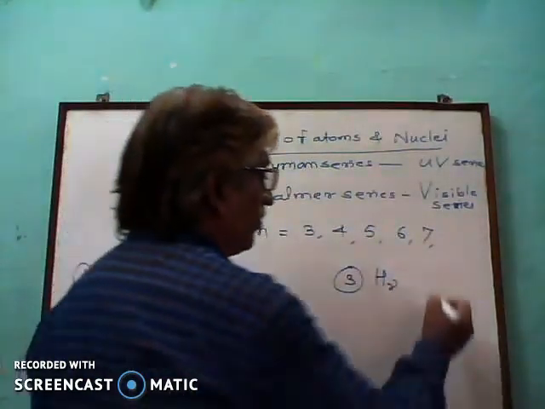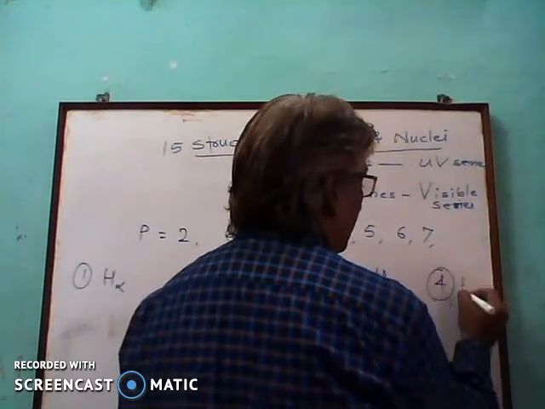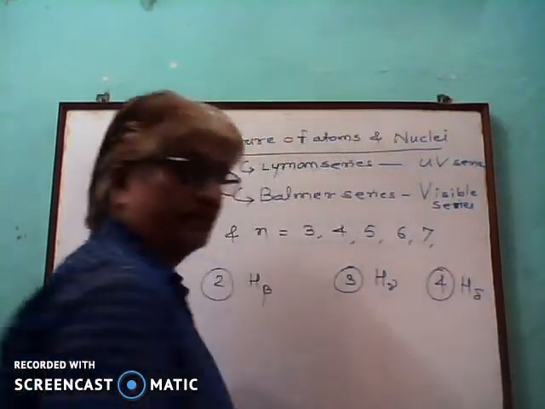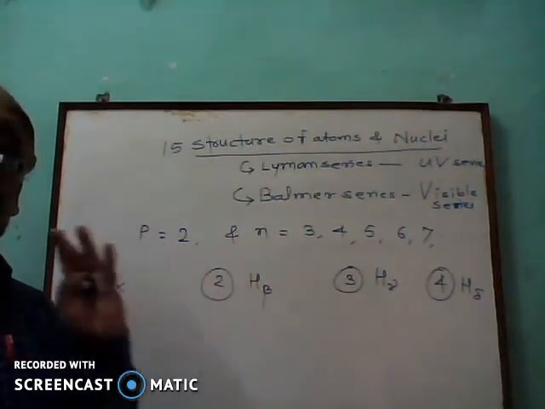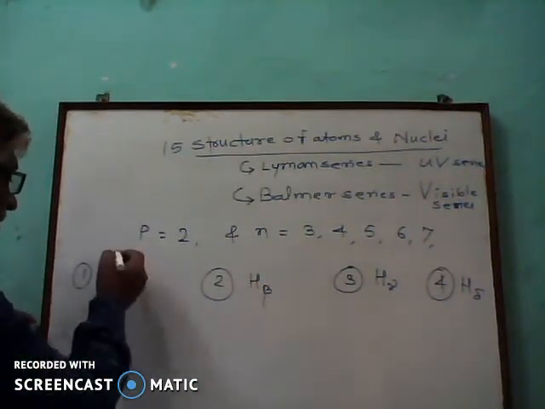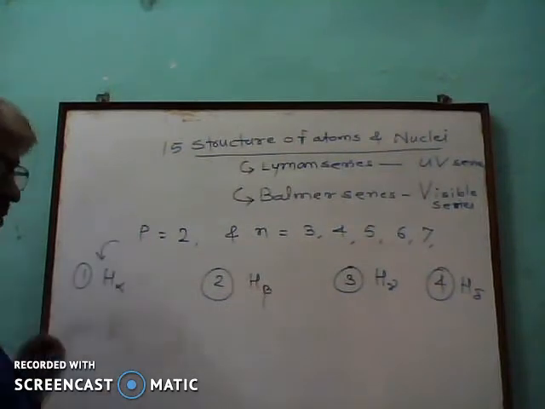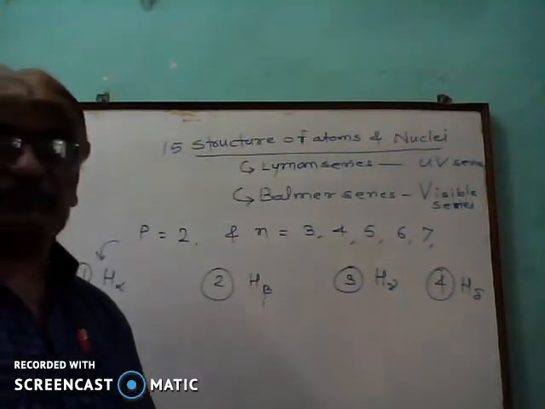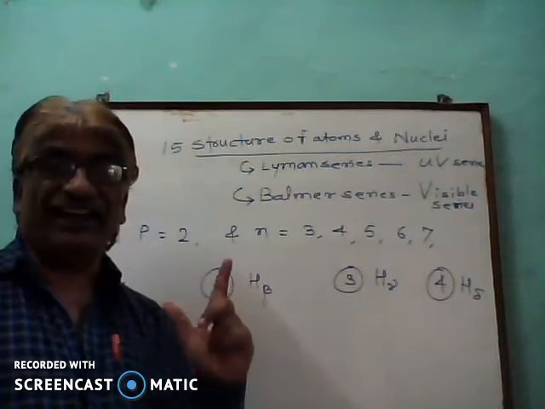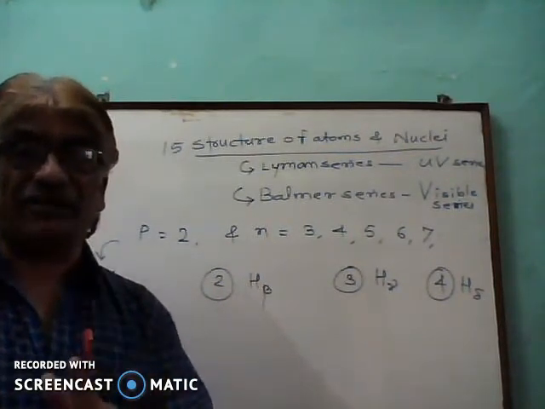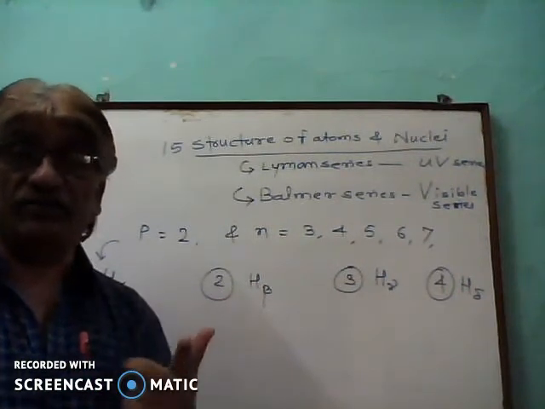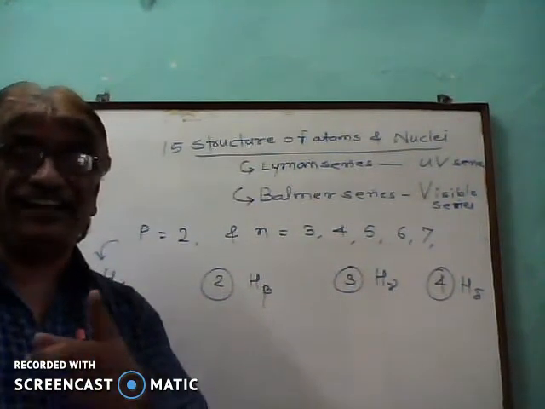And number 4, H delta line. Alpha line, beta line, gamma line and delta line. First of all, we will see what is meant by the H alpha line, then the H beta line, then the H gamma line, and after that the H delta line.